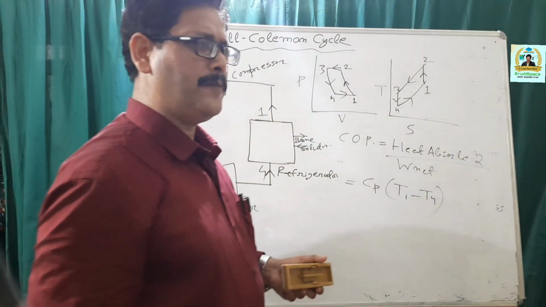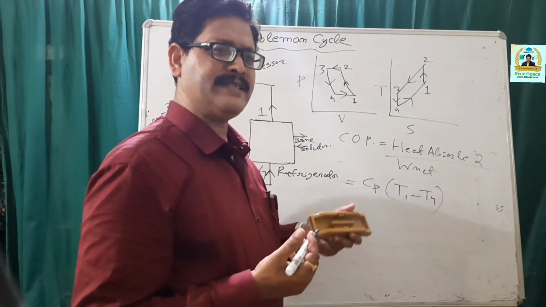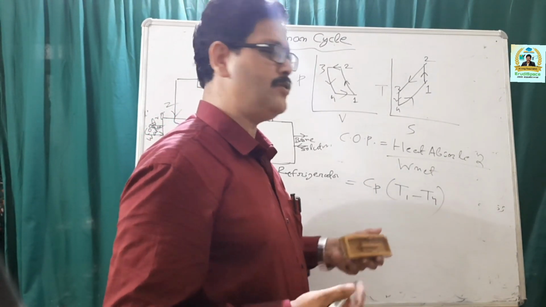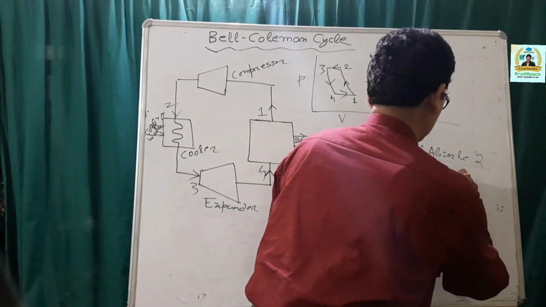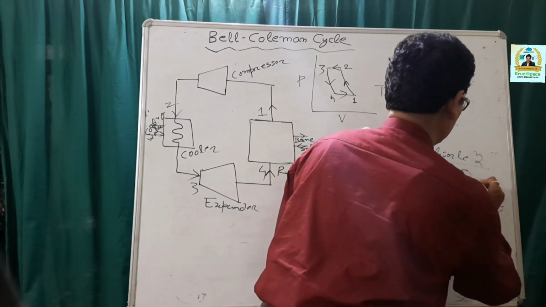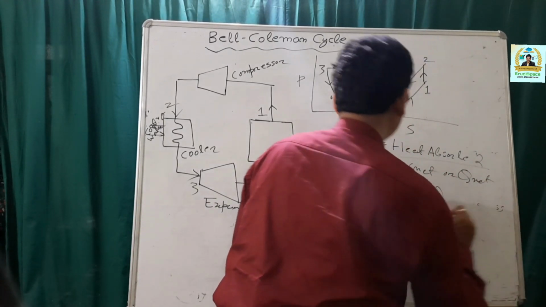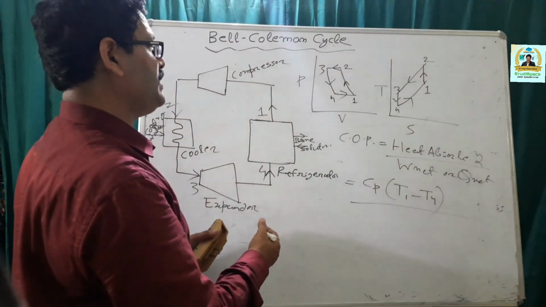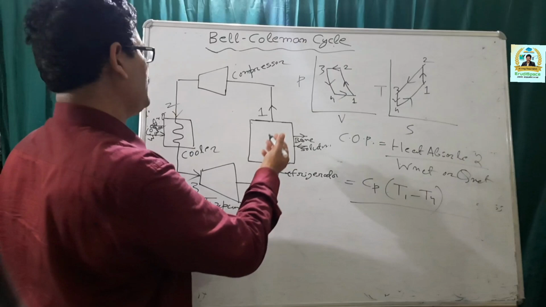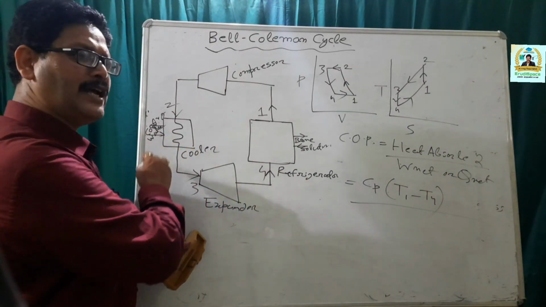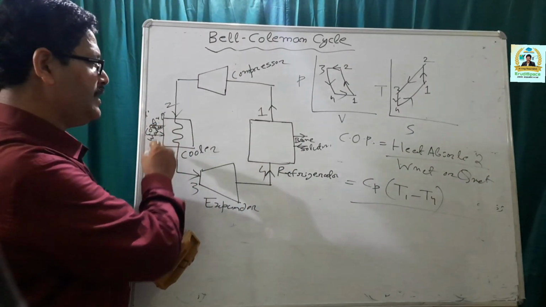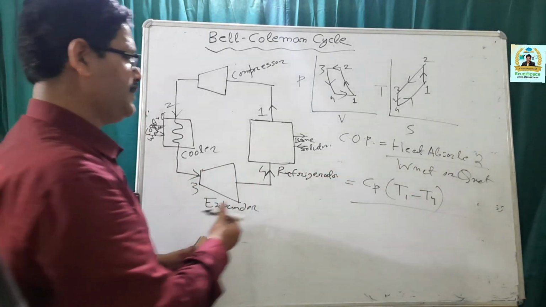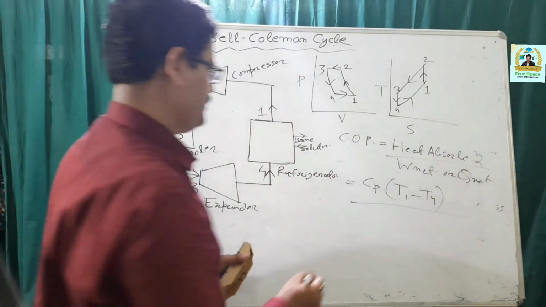All of us know that for a cyclic process, the net work transfer is equal to net heat transfer. So, this is W net or Q net. So, what is Q net? Q net is actually the difference between the heat that is delivered to the surrounding cooling medium in the cooler minus the heat absorbed in the refrigerator.